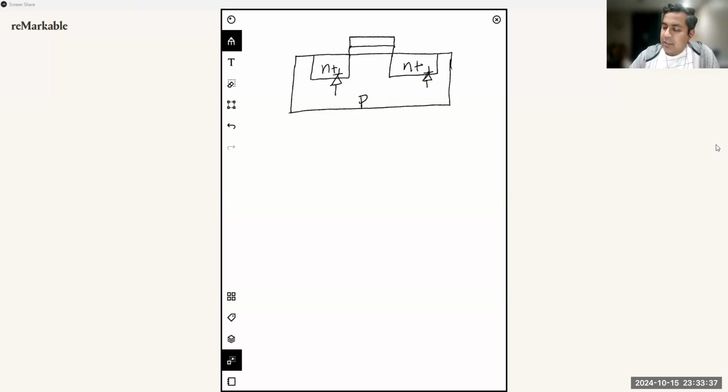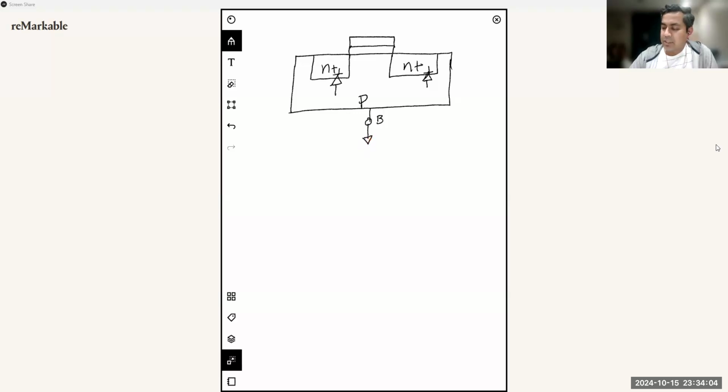To ensure that, we have to always bias these two diodes in reverse bias condition. And to ensure that, we are going to connect this body terminal to the lowest potential of your circuit. Usually that is the ground. If you have a negative voltage node in your circuit system, then you have to tie the body terminal of the MOSFET or MOSFETs down to that potential.